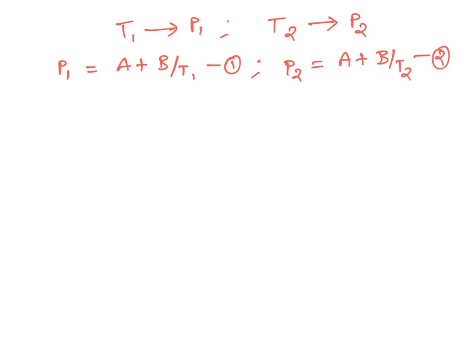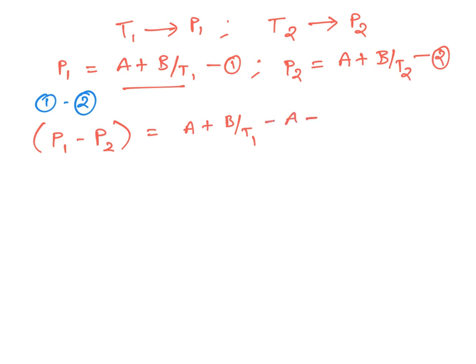Now we subtract equation 2 from equation 1, so P1 minus P2 equals A plus B by T1 minus A minus B by T2. I am subtracting 1 minus 2.